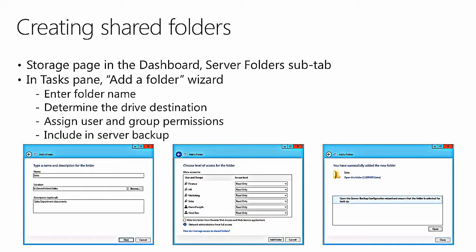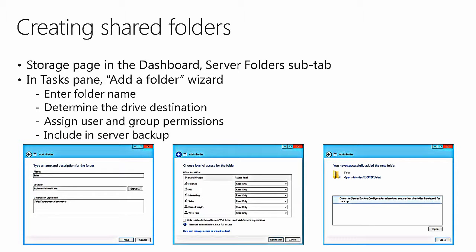Shared folders are not difficult to create, and we just make it a little easier in the Essentials environment. So as you create a new shared folder, you only need to provide some very basic information: what the name of the folder is, what volume you want to use to store that, and then assign user and group permissions.